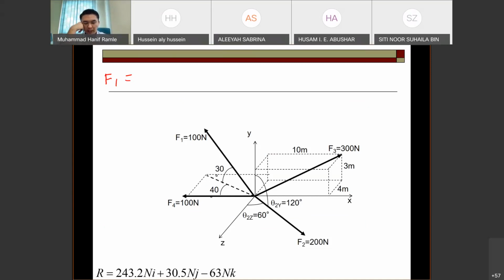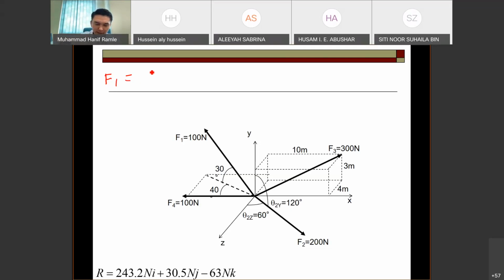Okay, for F1, I can see that the value for the X component should be negative, the value for the Y component should be positive, and the value for the Z component should be negative. So only one positive, which is the Y component. Okay, two people give the same answer.